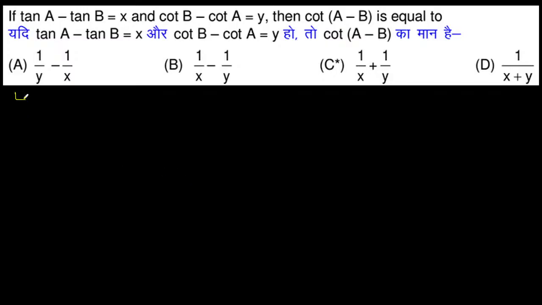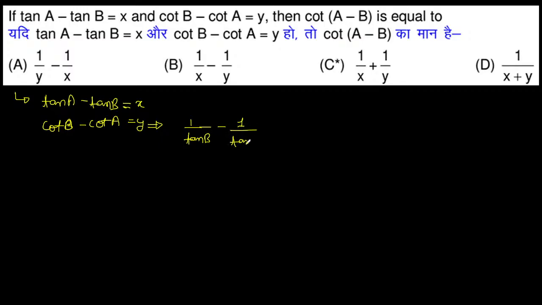So now, tan a minus tan b is x, cot a minus cot b is y, find cot a minus b. So tan a minus tan b is equal to x, and cot b minus cot a is equal to y. If you go further, it is 1 by tan b minus 1 by tan a equal to y.